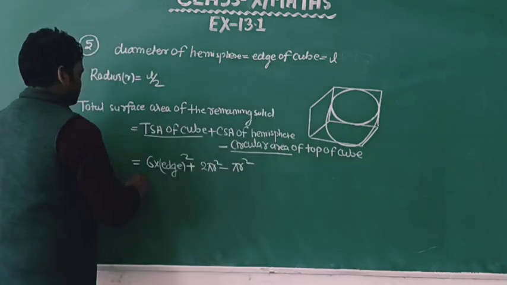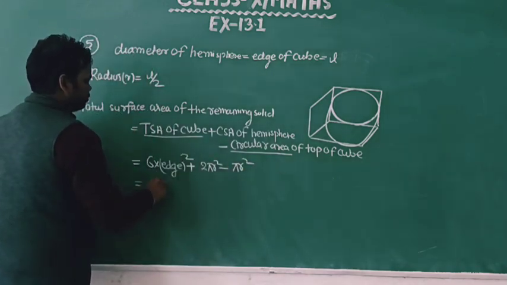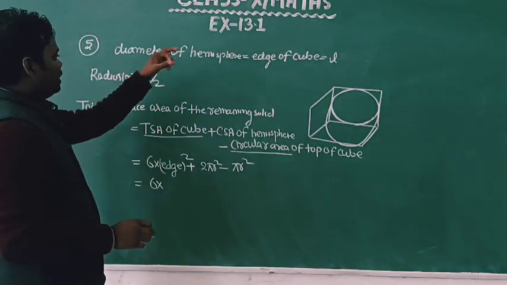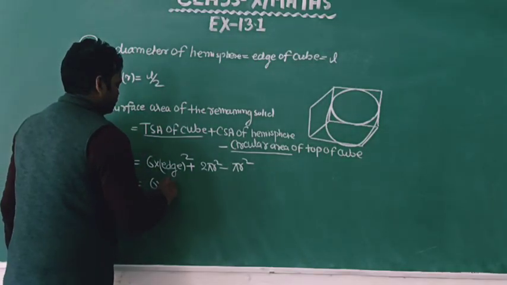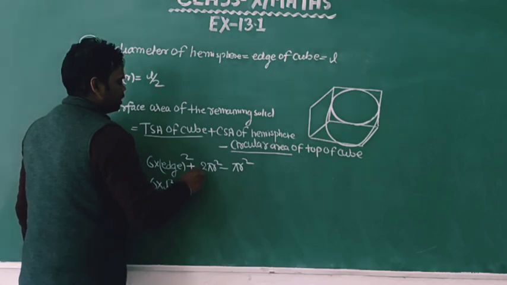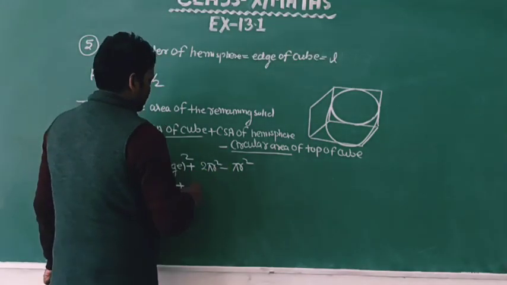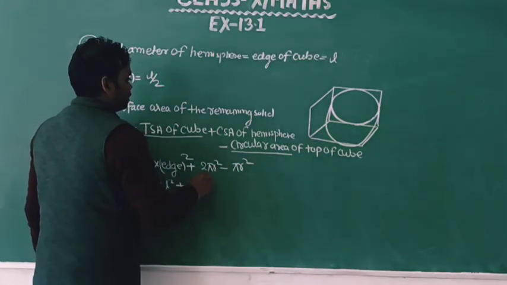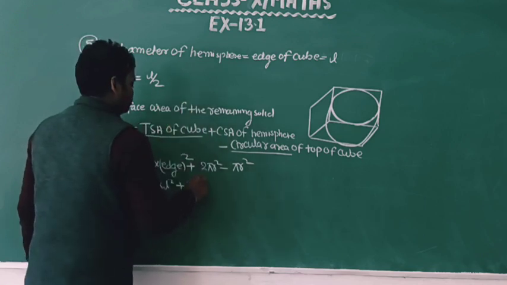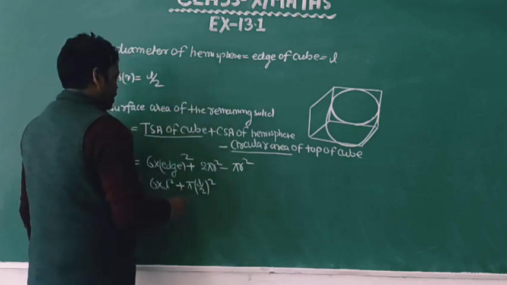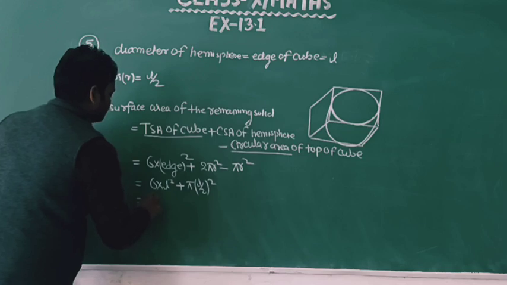The edge is given as L, so this is 6 L square plus 2 pi r square plus pi r square, where r is L by 2. This gives 6 L square plus pi L square by 4.